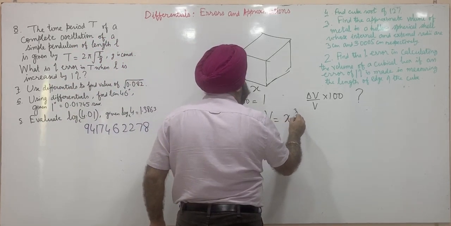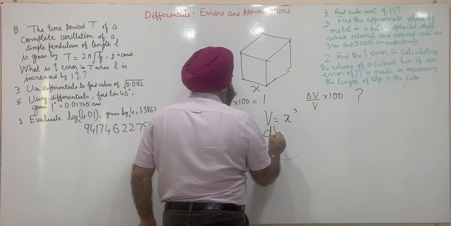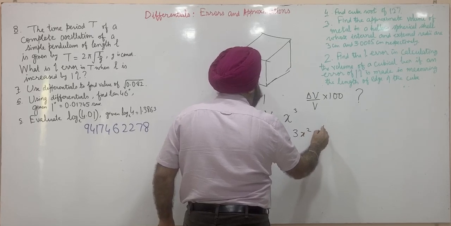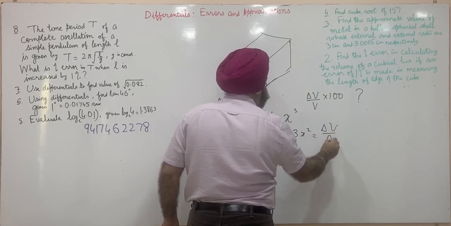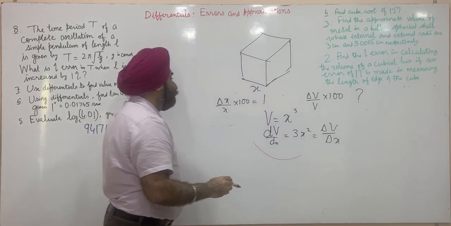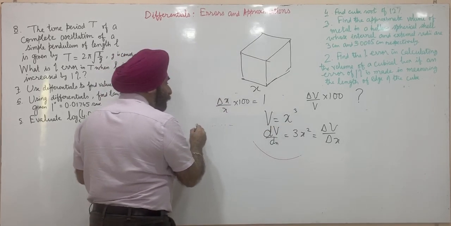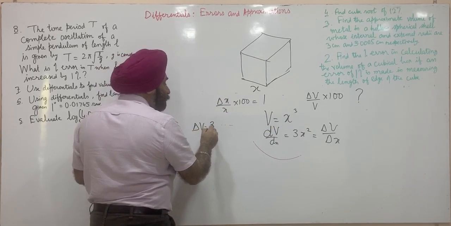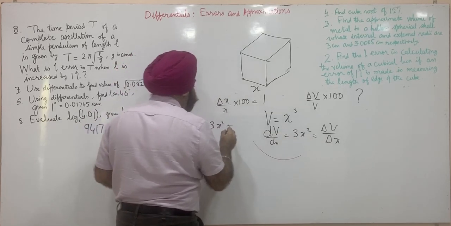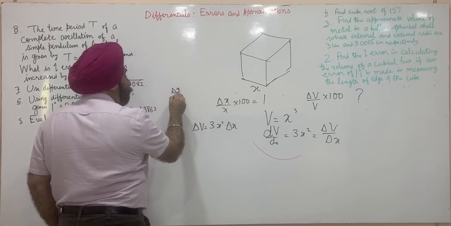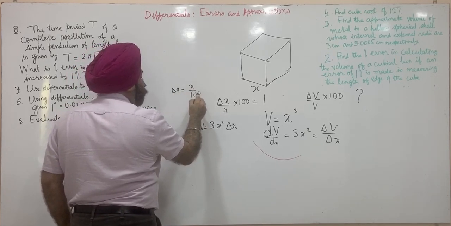Now how are v and x related? Volume is x cube. So dv by dx is 3x square. This is the same as delta v by delta x for small changes. We find delta v from this: it is 3x square into delta x. And delta x from this is x by 100.